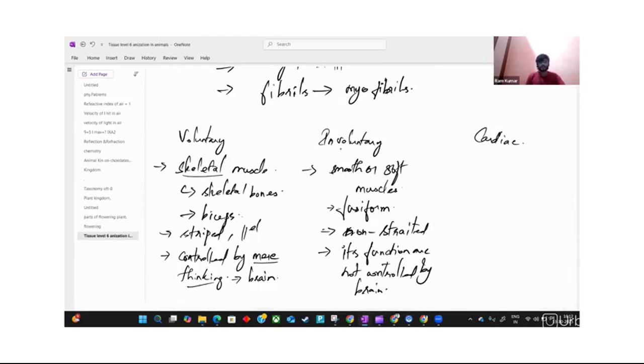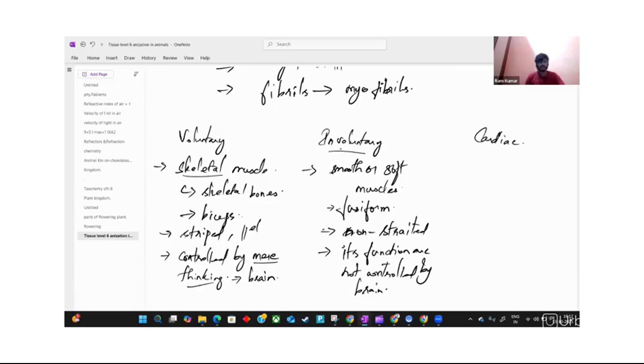For example, many of our organ systems, like our stomach, our lungs, and our intestine, contain these involuntary muscles. They are not controlled by the brain.